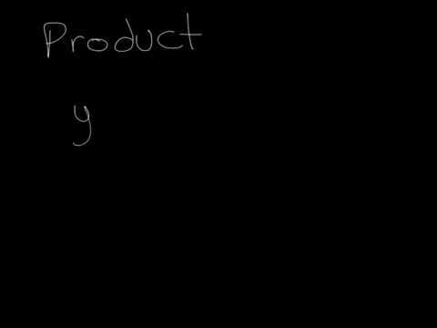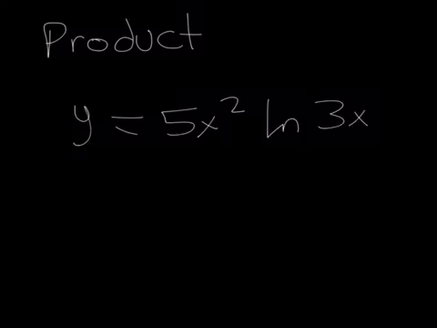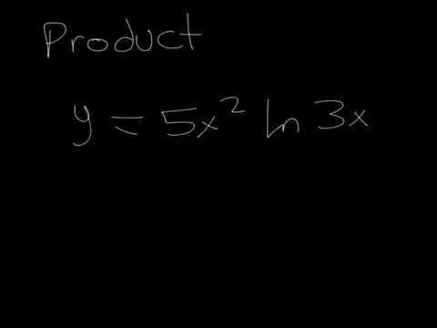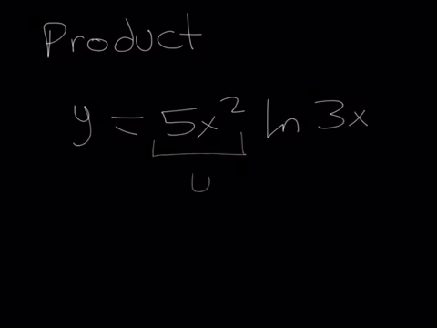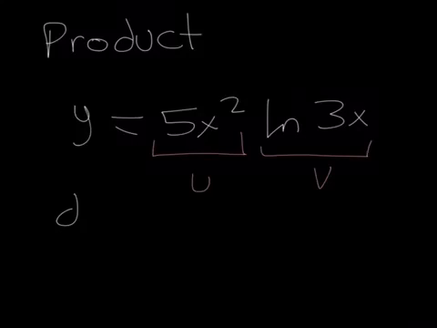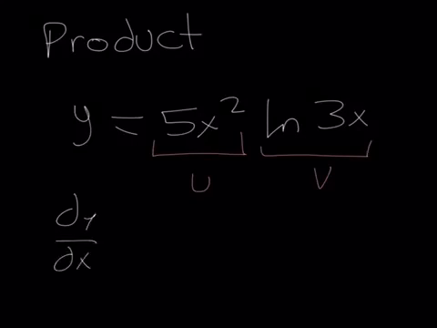where our function is y equals 5x squared ln 3x. First of all, we have to define what is u and what is v. In this case, 5x squared will be u and ln 3x will be v. Now, from this, we know what to do. So we put first dy dx, never forget to put it.